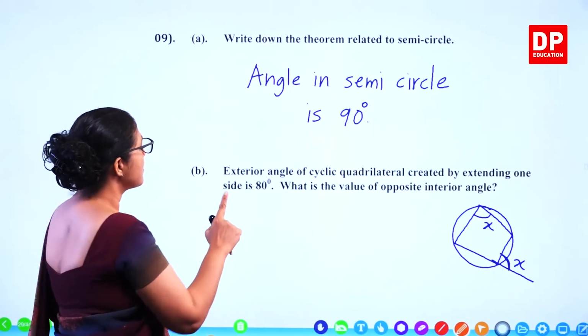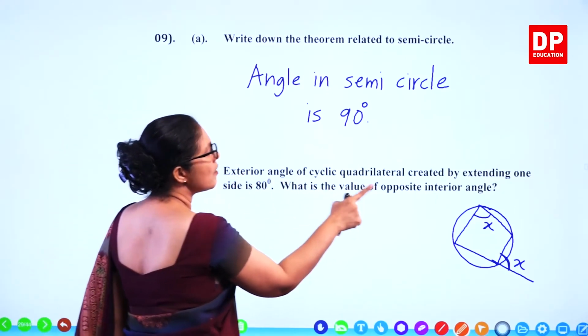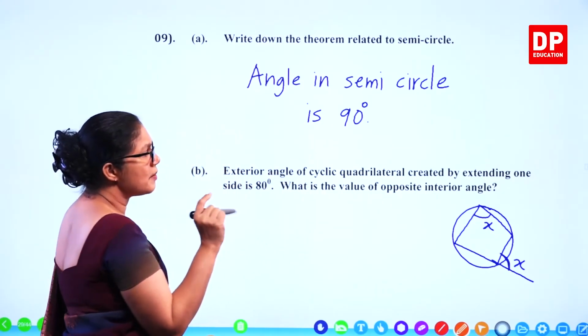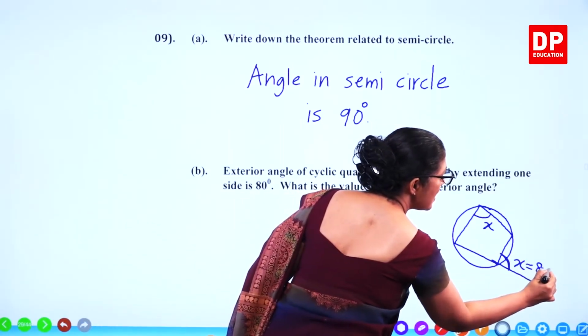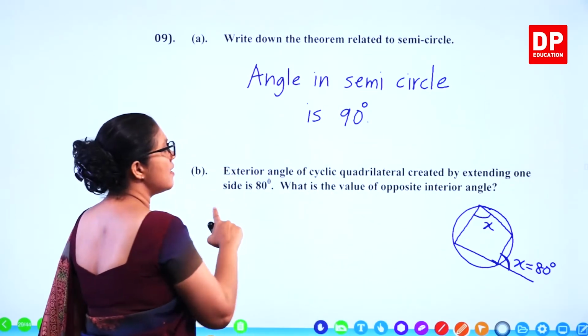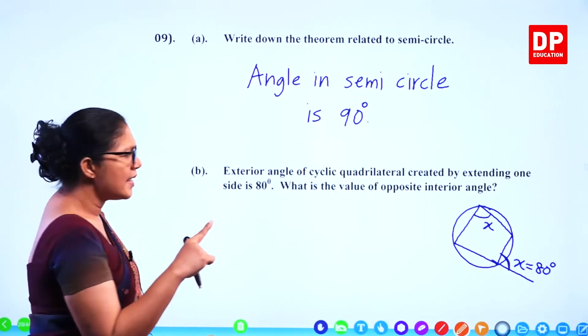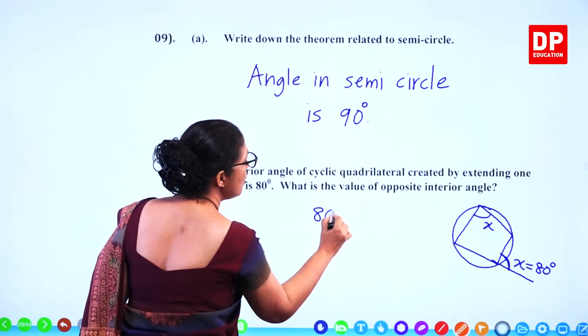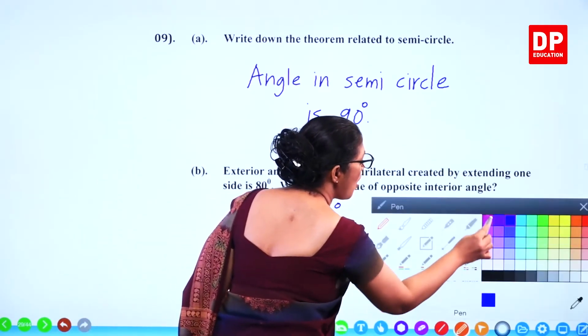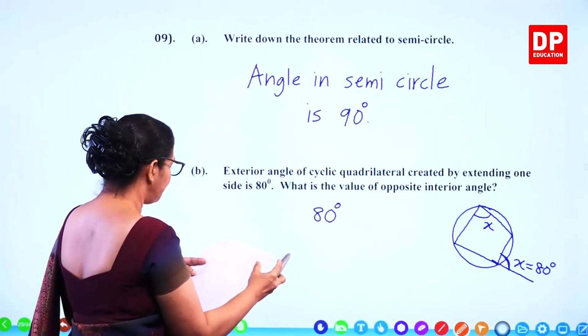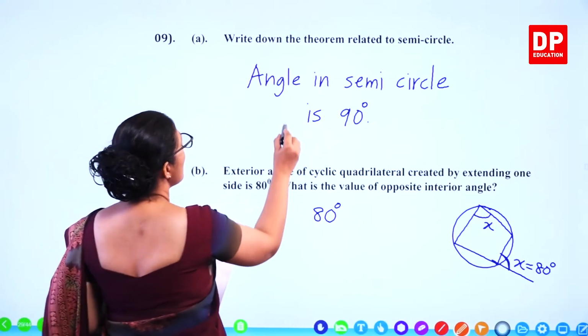If this is 80, so what is the value of opposite interior angle? That's also 80 degrees using the theorem. So how many marks for these two? 1 each.